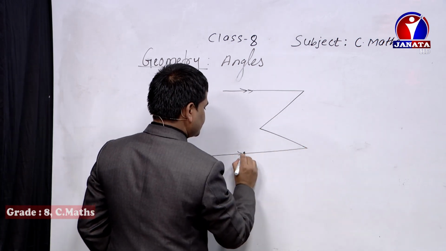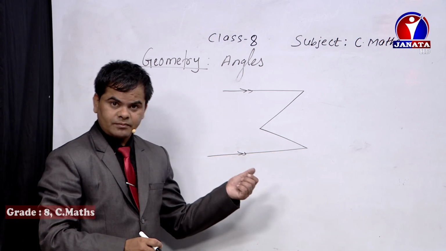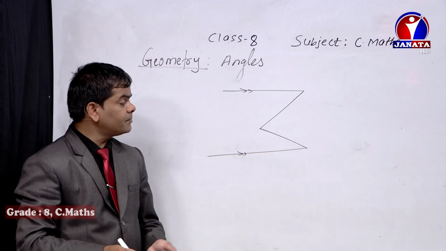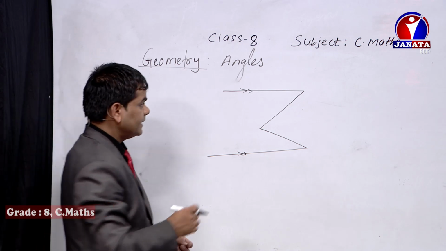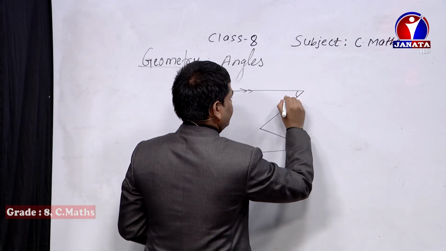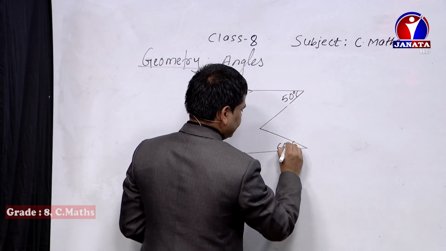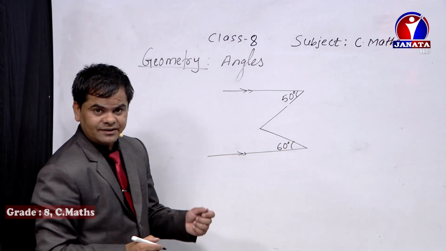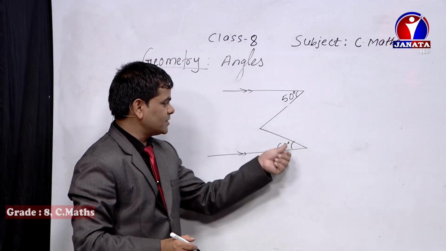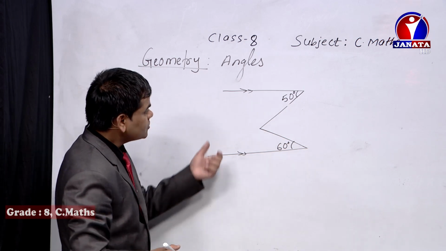For example, these two lines must be parallel, dear students, in order to apply the assumption of alternate angles. For example, this one is given as 50 degree, and this one is given as 60 degree. Then directly adding 50 plus 60, it will be 110 degree. You cannot write that in the examination. You must show the procedure.